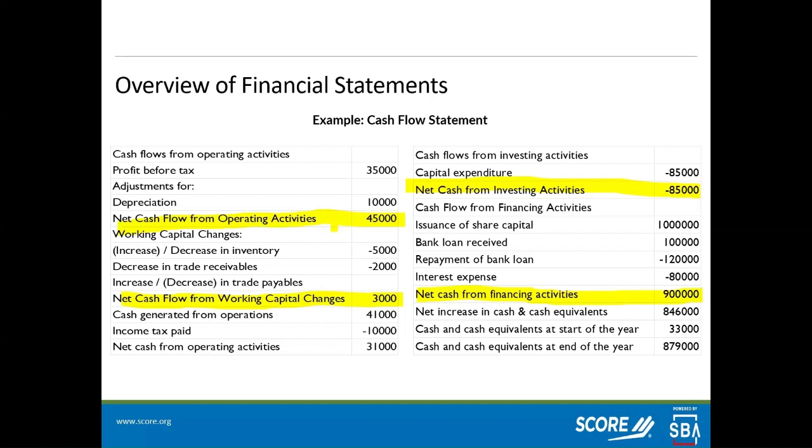We can see the net of all of this is an increase or decrease in cash. What was our cash at the beginning of the year? And what's our cash at the end of the year? Pretty dramatic increase. But we did some financing there to generate some significant cash inflow. Next slide.